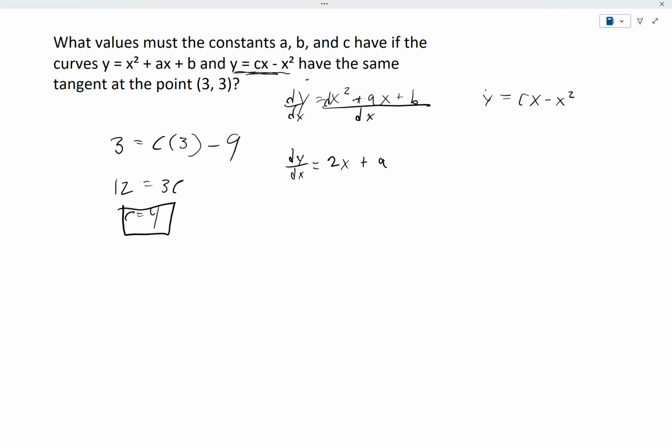Now with my other equation here, whenever I go to take the derivative of it, I get dy over dx is equal to, first term right here is going to be power rule, so is the other term, power up front, one smaller on the power. And now both of these derivatives right here are going to be equal at the point (3, 3). So I'm going to set them equal to each other.